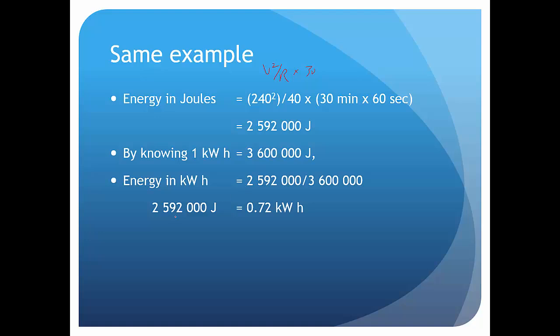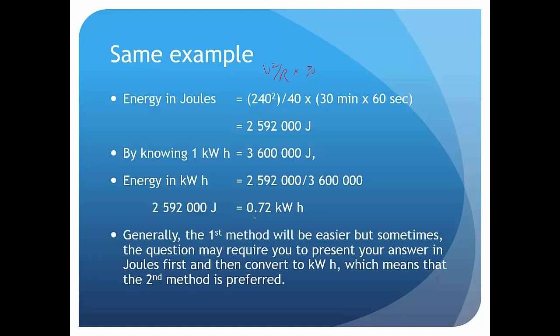You find that you get exactly the same thing, 0.72 kilowatt hour. Generally, the first method will be easier, but sometimes the question may require you to present your answer in joules first. Therefore, you need to do the second method. But generally the first method would be preferred.